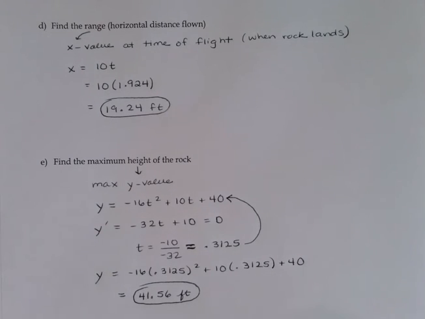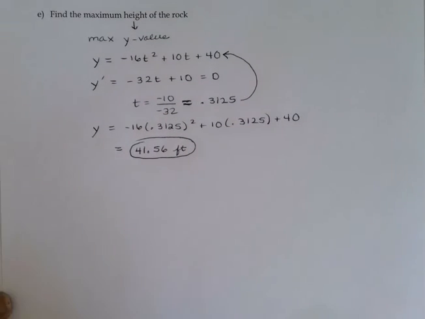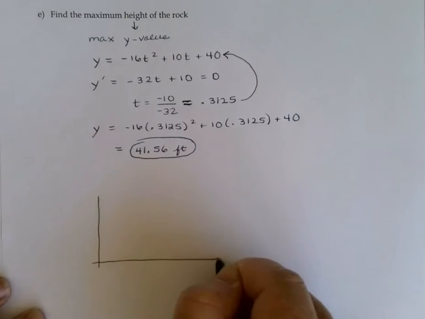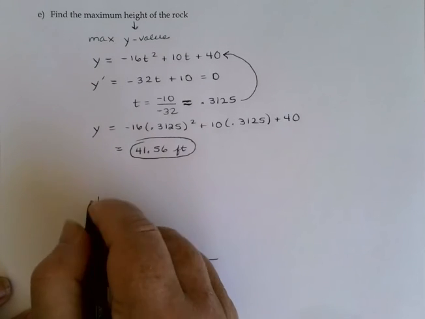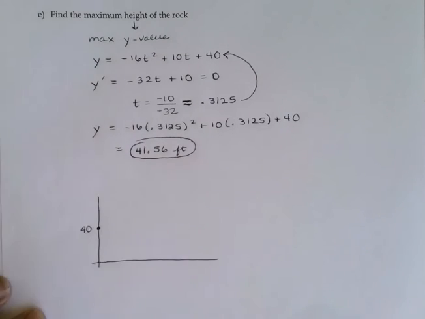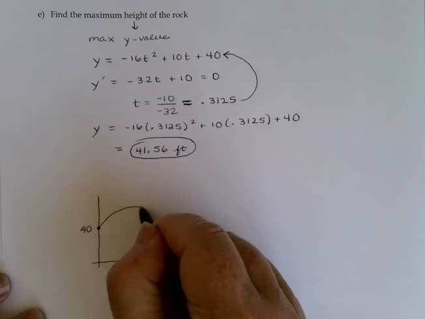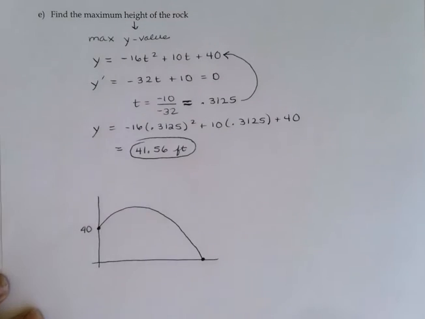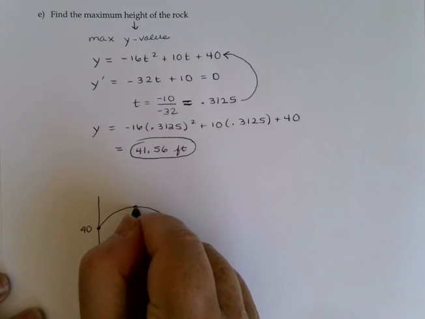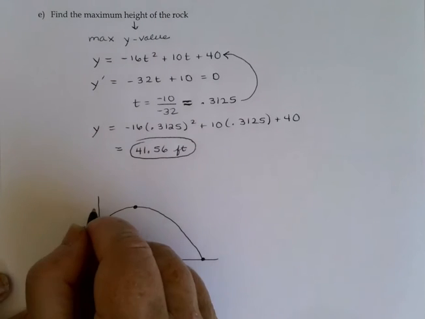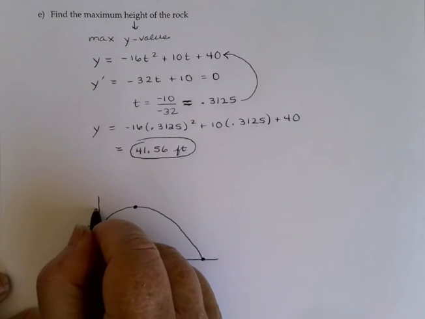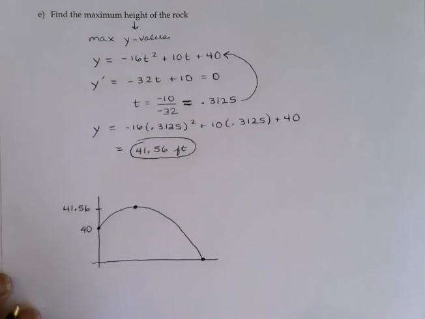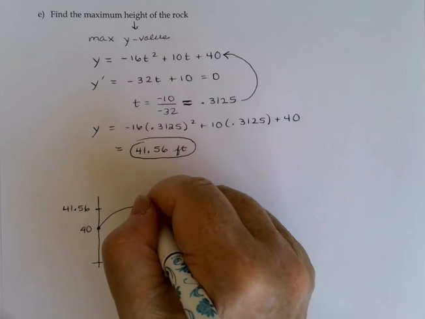So if I were to sketch my trajectory one more time, I now know a lot of stuff about it. Again, we started here at a height of 40. We have calculated the maximum height here is a y value of 41.56. And we also know when it occurs, right?